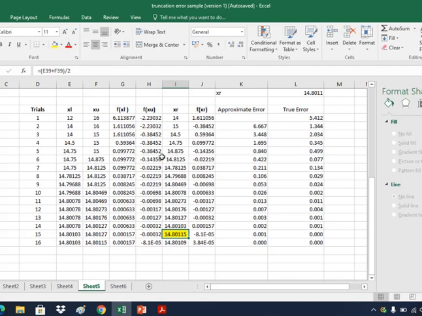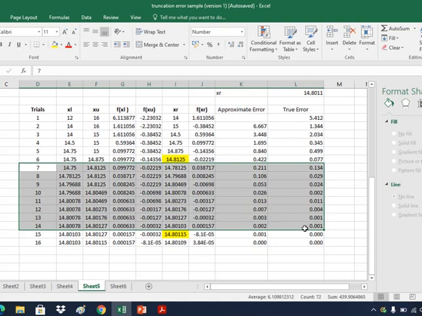So this is ikapilang trials yung may value ng 14.8. So on the 6th trial, nandun na yung value ng 14.81. So how will we terminate? So we have the value of the approximate error 0.42 is already less than the threshold of 0.5% ES. Okay, so trial 6, so terminate na natin siya.